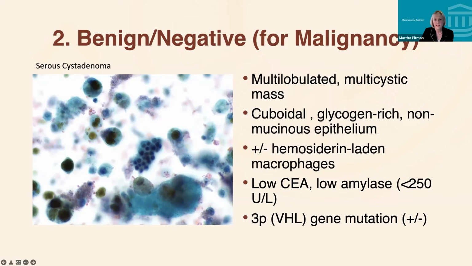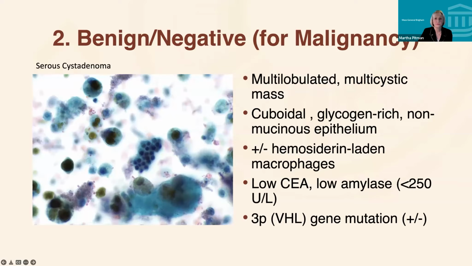Because the septae are very vascular, they bleed, and that's why these hemosiderin-laden macrophages can act as a surrogate marker. These cysts have low CEA and low amylase, and some of them will have a 3p gene mutation, a von Hippel-Lindau gene mutation.